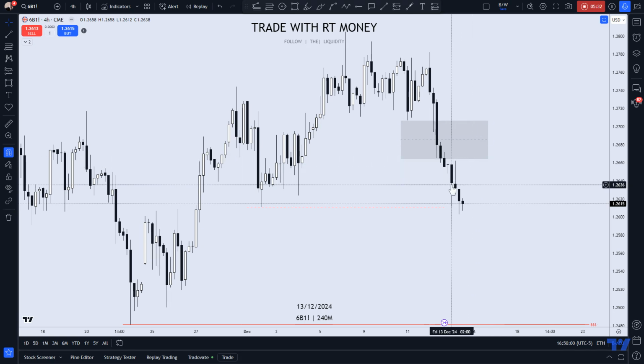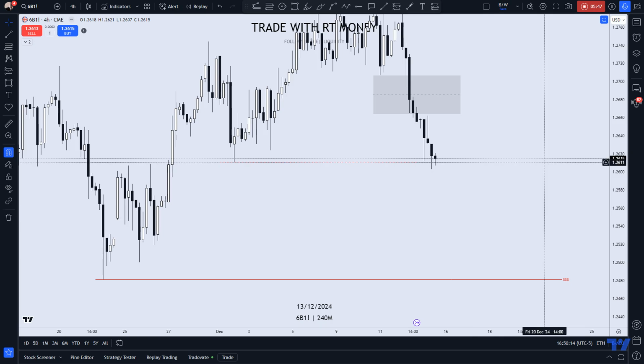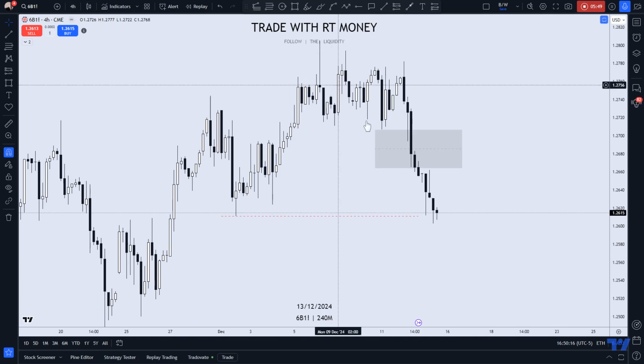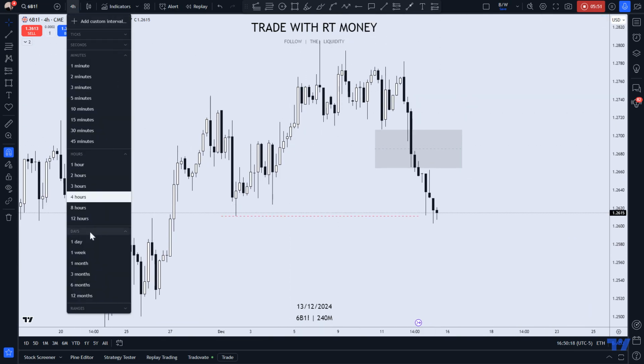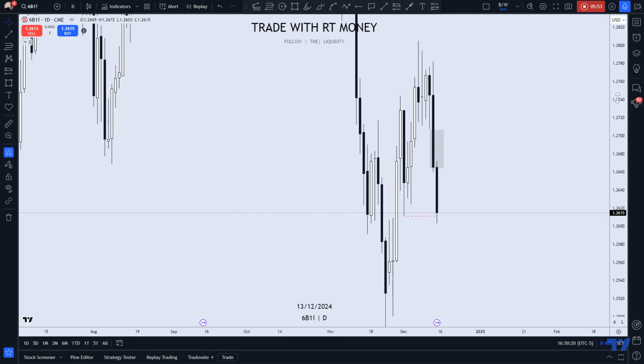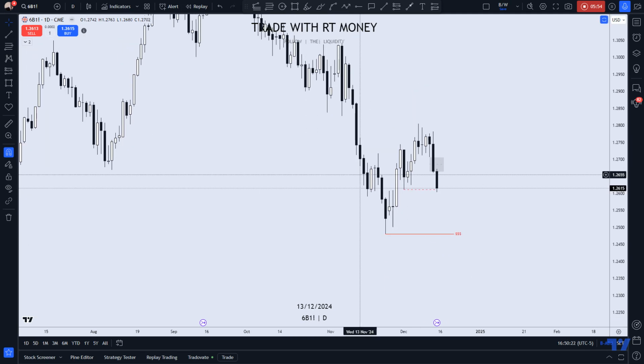I'm looking for a 1 hour fair value gap for price to trade into, and then I'll go to a 5 minute time frame to execute a sell down to this weekly target. That's a trade idea, but what we want to get here is the bias, and the bias is bearish. You can see the support for more bearish price action to come.